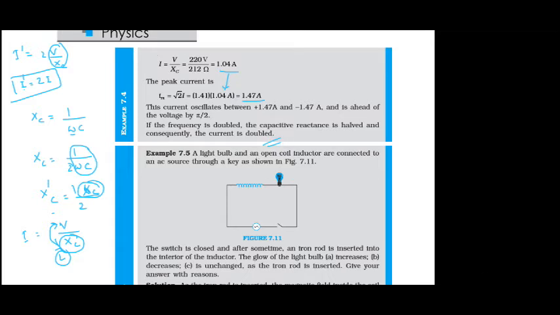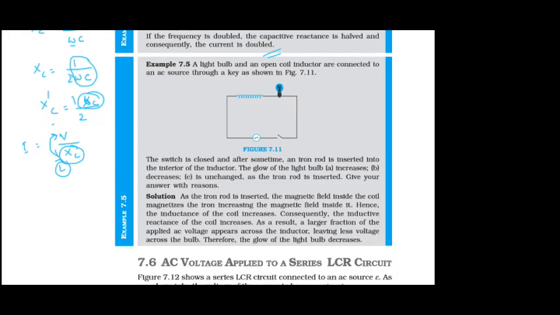Now let us see example 7.5. A light bulb and an open coil inductor are connected to an AC source through a key as shown in figure 7.11. So here is the figure.